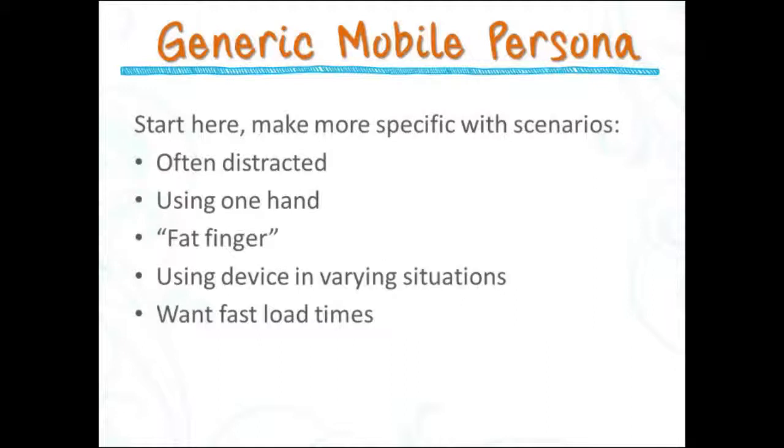So this is a good place to start when we're doing the personas for our product or our project that we're working on. But you can make it more specific with different scenarios. For example, if the users of your product are service people that are out in the field, they aren't necessarily distracted or in a hurry. They need to do their job, so they may not be quite as impatient as some users.